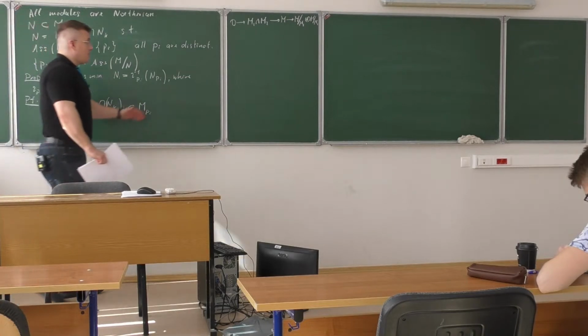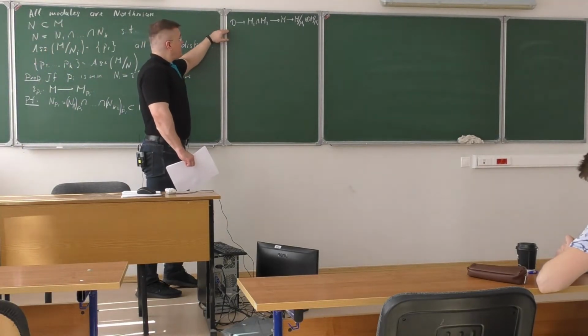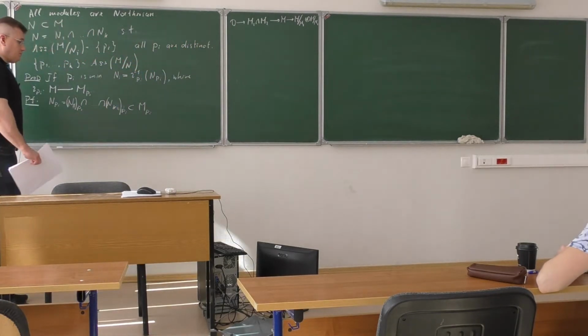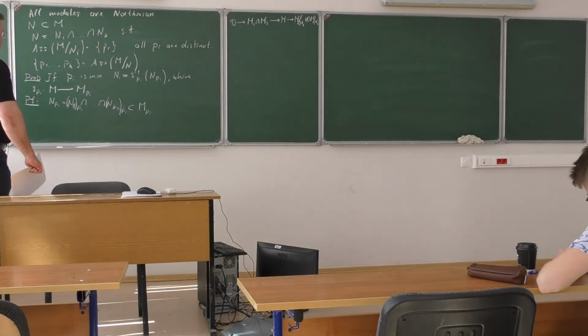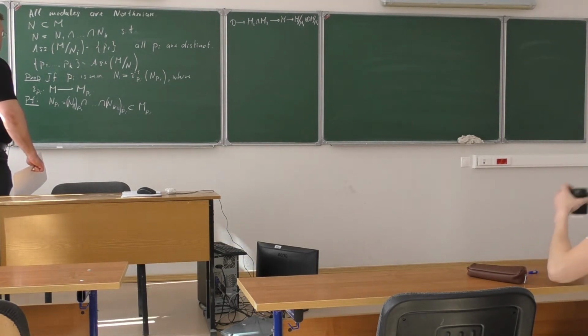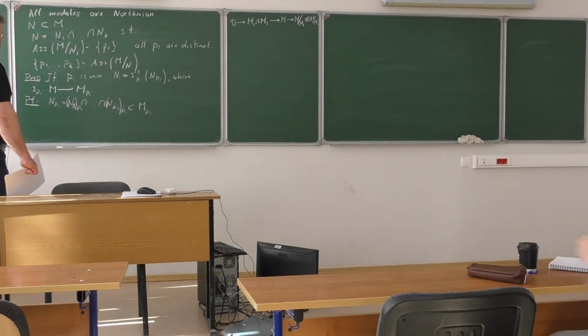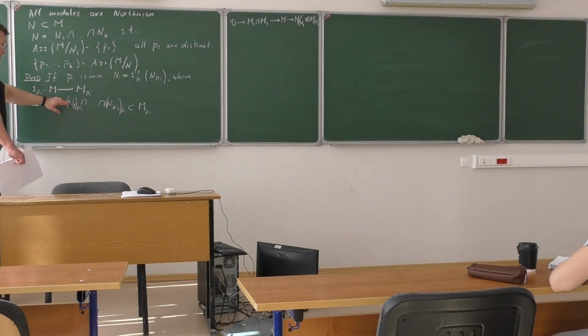Because you take a tensor product with a flat module, it stays exact on this side. So we have this observation that we can compute the localization of N at Pi as this intersection.